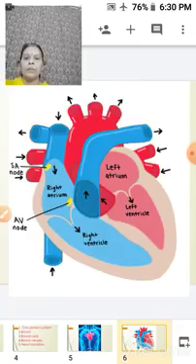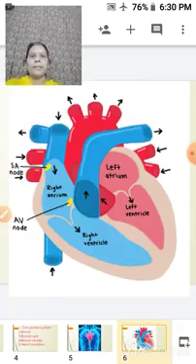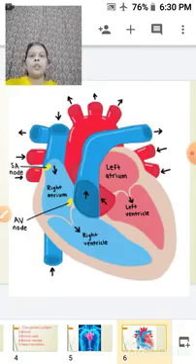These cup-shaped valves allow the blood to flow in one direction only, from auricles to ventricles and not back into the auricles.